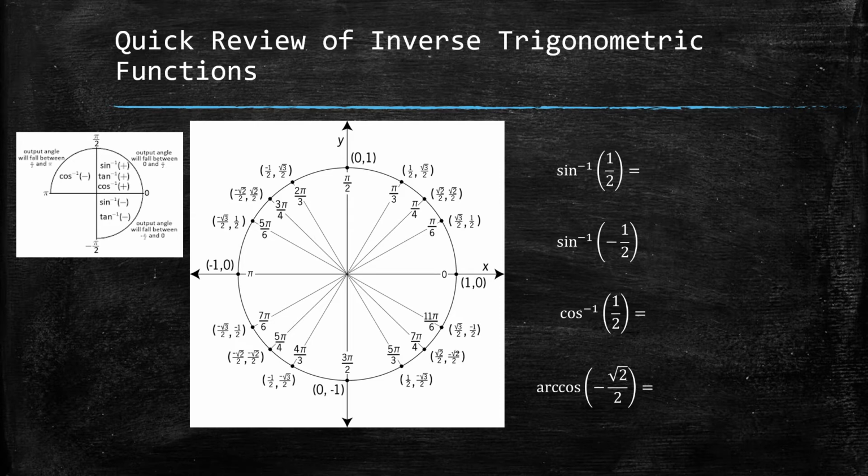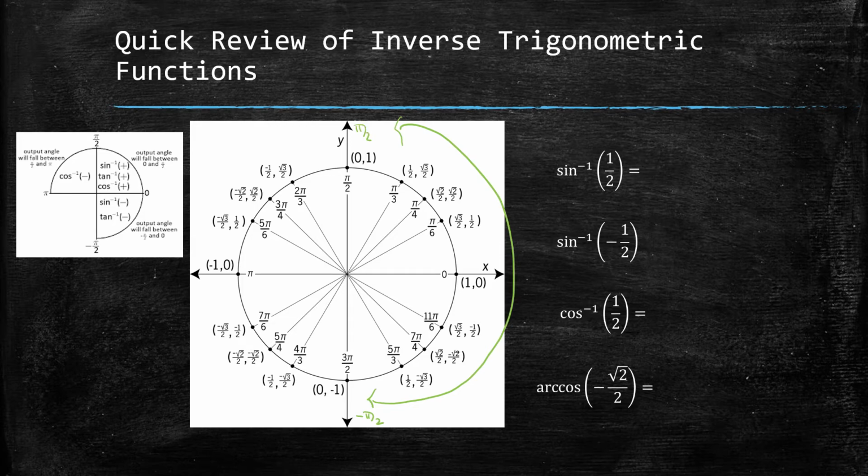So we want inverse sine of 1/2. For our inverse trig functions, we have to remember where to look on the unit circle. For sine and tangent, it's bottom to top, so we're going from negative pi over 2 to positive pi over 2.